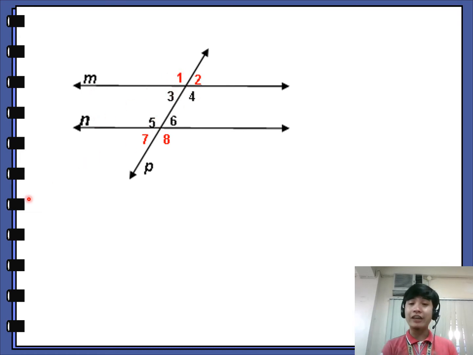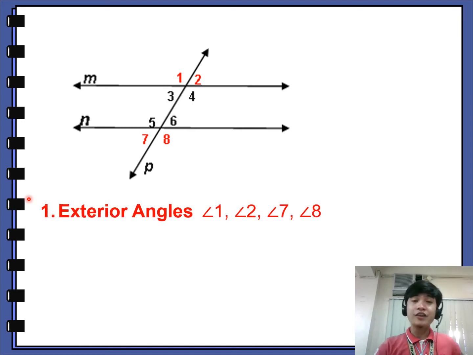Okay, so i-differentiate natin ano yung mga angles na yun. So, yung una, exterior angle. So, mga naka-red, yan po yung mga exterior angle. Okay? Most likely, the layman's term na pwede natin gamitin dyan, nasa labas, exterior part nung transversal at nung parallel line. So, angles 1, 2, 7, and 8. Sila po yung mga exterior angle natin.